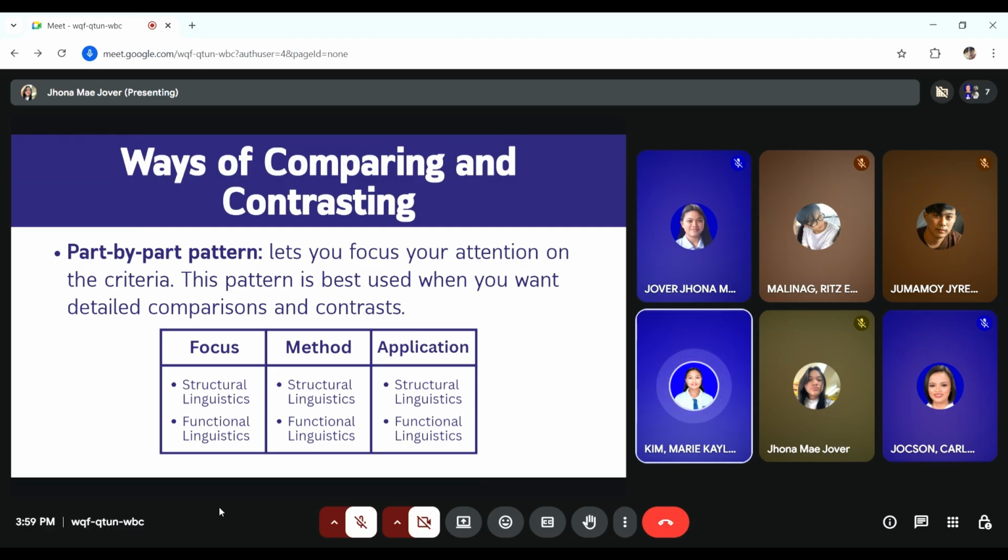It highlights detailed similarities and differences. In the Bachelor of Arts in English Language program, both patterns are useful, especially when analyzing linguistic theories, written and spoken discourse, and other academic topics. Choosing the right pattern helps make our comparison clear, objective, and meaningful.